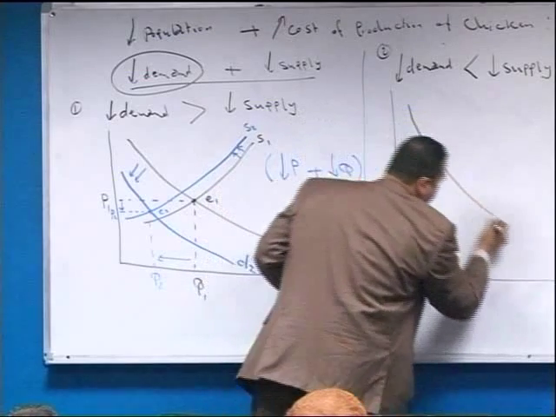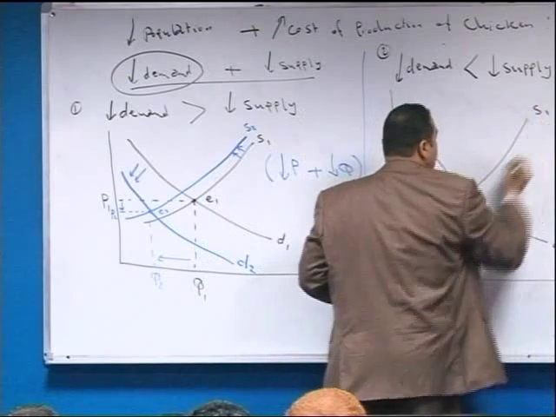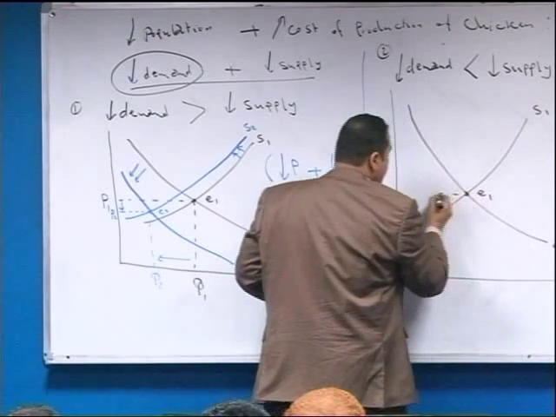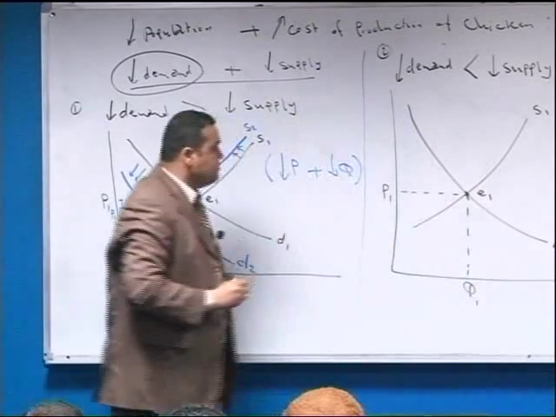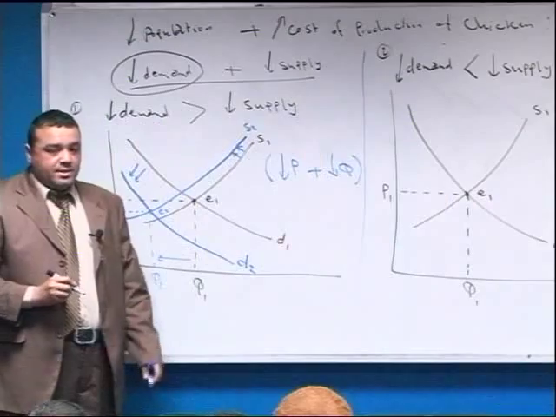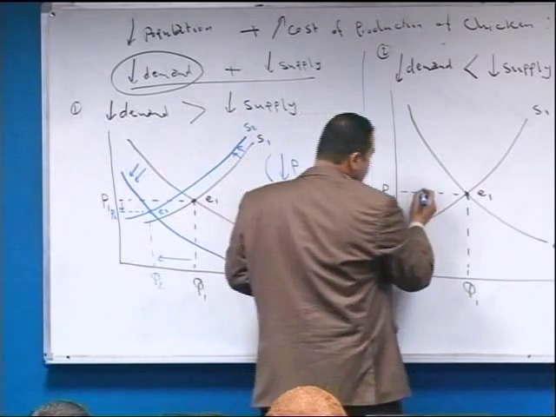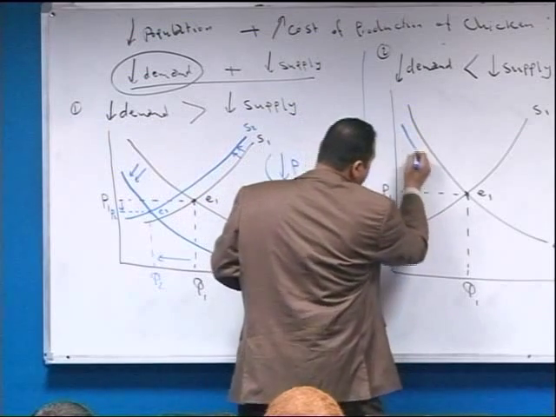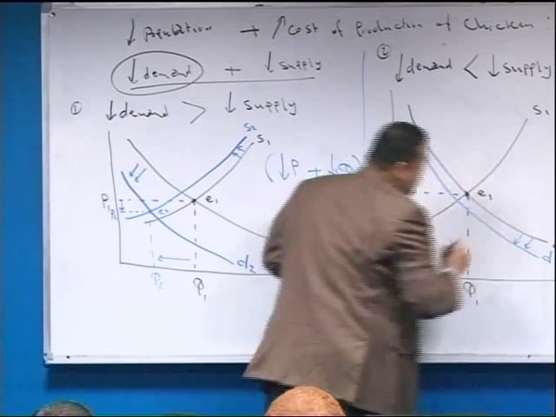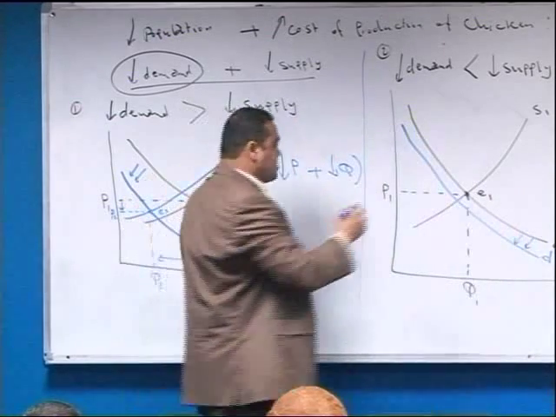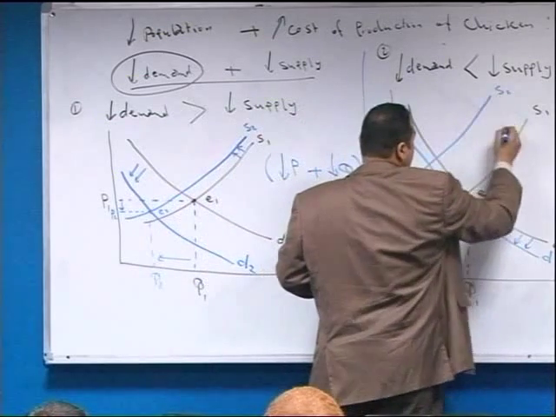This is the demand curve number 1, supply curve 1, E1, P1, Q1. There is a reduction in demand with a smaller than the reduction in supply. So there is a leftward shifting of demand curve with a smaller than the reduction in supply. So also that we have a leftward shifting of supply curve to S2.